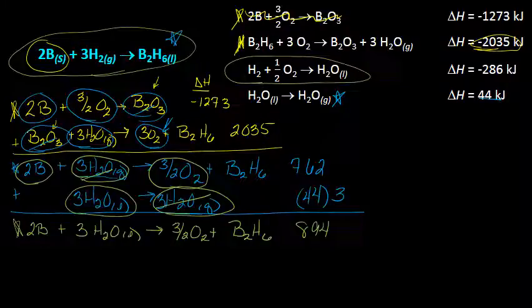I don't need water, and I don't need oxygen. But I'm only going to deal with the waters because oxygens tend to just kind of fall in line anyway. So do I want to use this last equation as is, or do I want to flip it? Well, if you guessed as is, you would be correct, because this one has water as a product, and I already have water as a reactant right there.